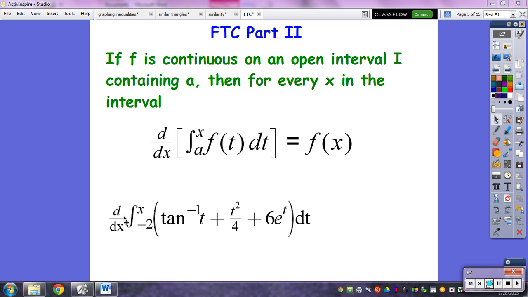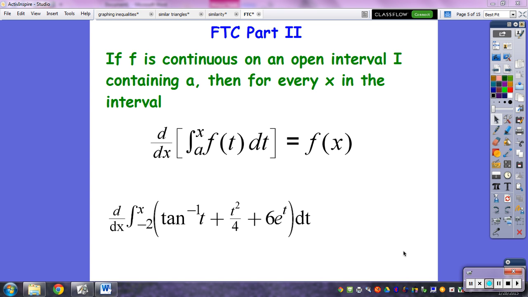And so I actually don't have to do any kind of integrating or differentiating. All I have to do is realize that the derivative and integral are inverses. So what happens is I'm still left with this same expression. Except remember, your integral is a function of your upper limit of integration. So instead of writing t, I would simply plug in my upper limit of integration, which is x.